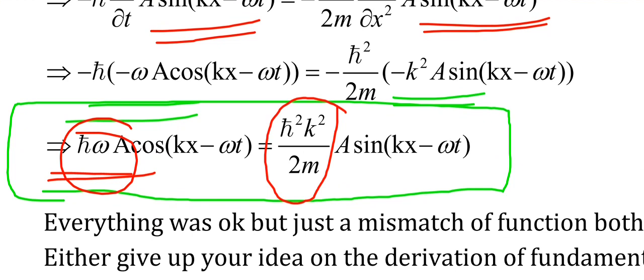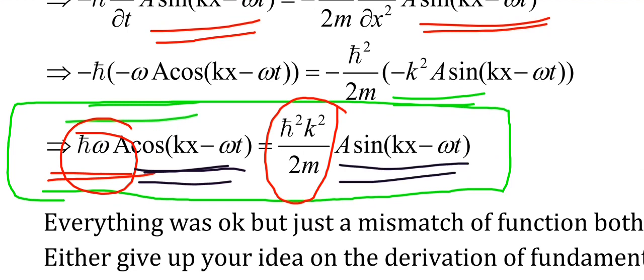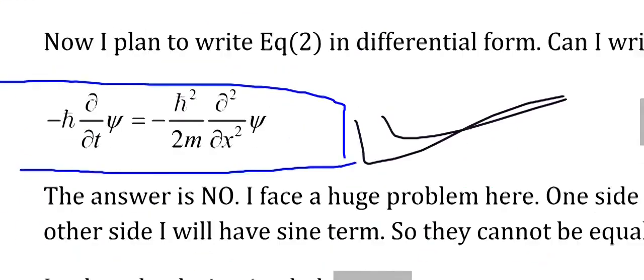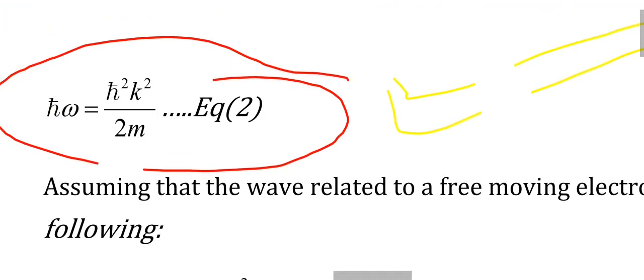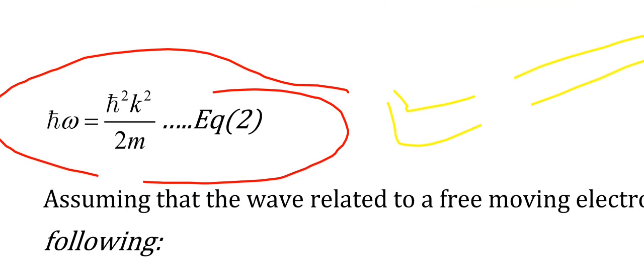Only if somehow I can make this sine and this cos and this sine both sides equal, then I can cancel them. The moment I cancel them, I get my beautiful equation number 2 and everything is good, and I'm very happy with my differential equation that I claim as the fundamental equation of quantum mechanics.